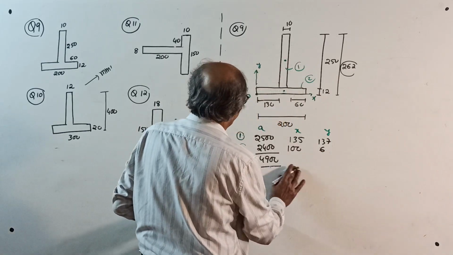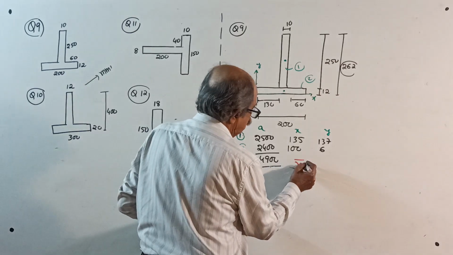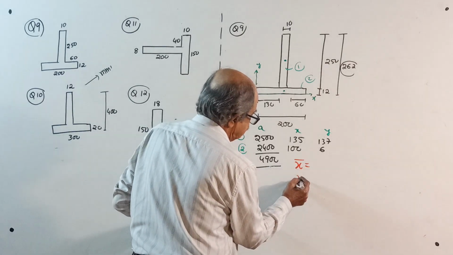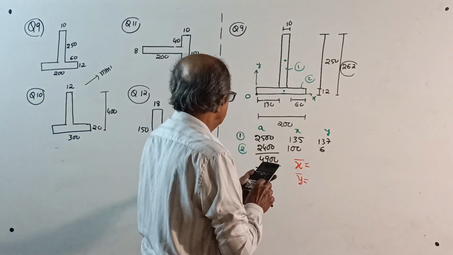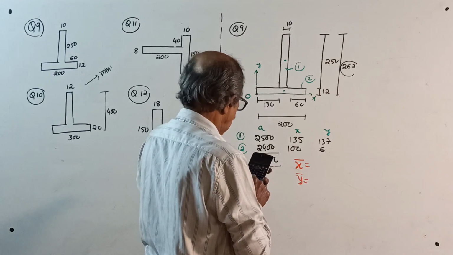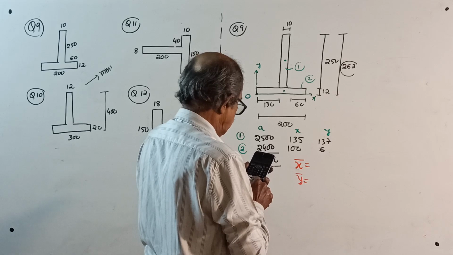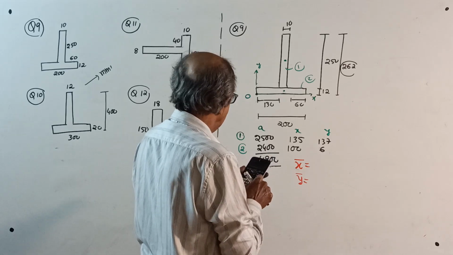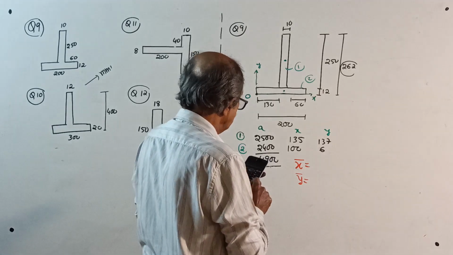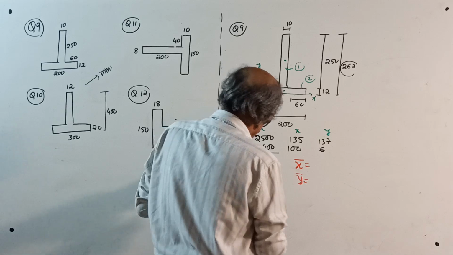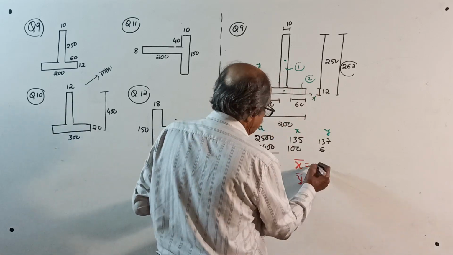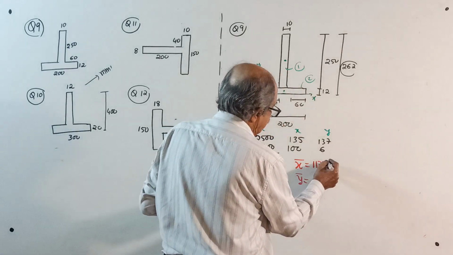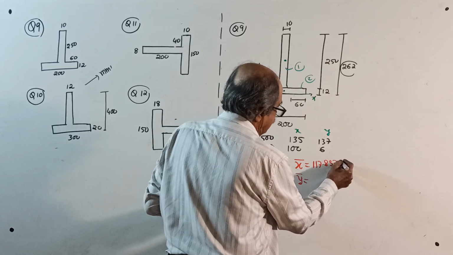X bar from where all I won't explain now. I won't waste time on those things now. See, this is a mini question. X bar, y bar, from where, which direction you know it. 2500 into 135 plus 2400 into 100 divided by area 4900. Bracket is not required. I unnecessarily put a bracket. 117.857 millimeter.